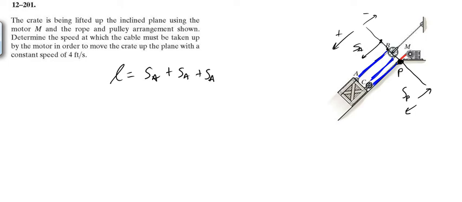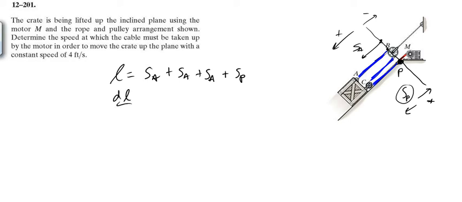And now for this section, the section in red, which corresponds to this SP, we're going to call that plus SP, because that section is in the plus direction this way for SP. So this gives you the total length of the rope, which is all the blue segments and all the red segments. And in this particular case, the SAs are all positive, so all of this adds up to a total length of the rope.